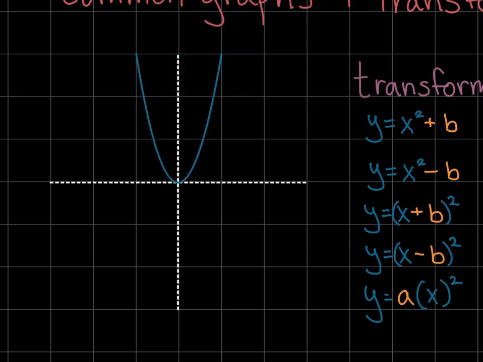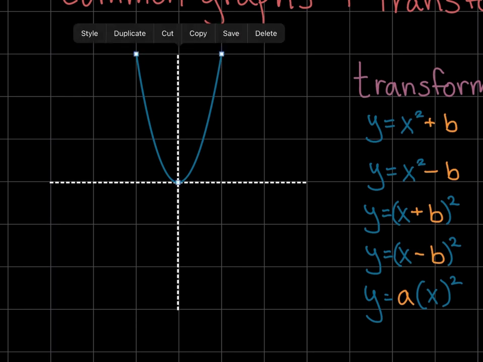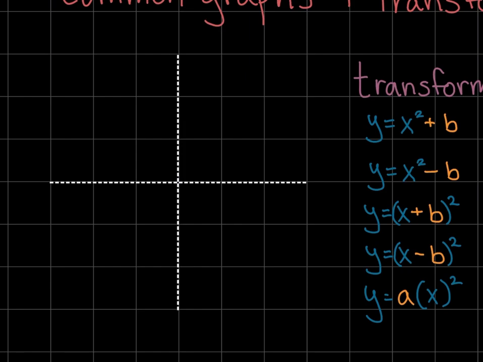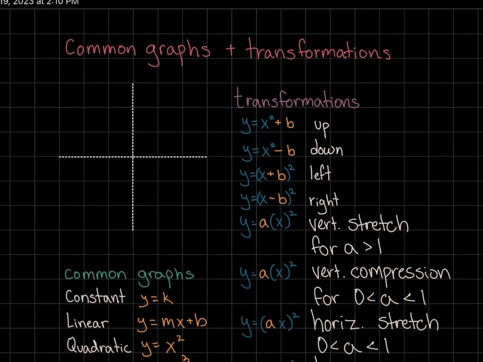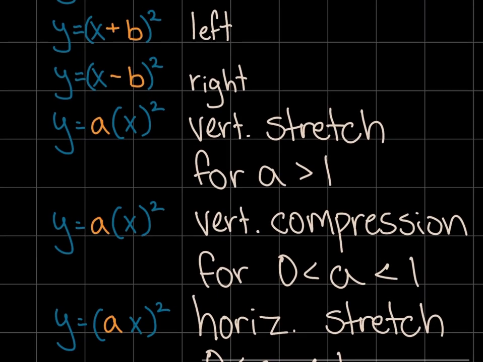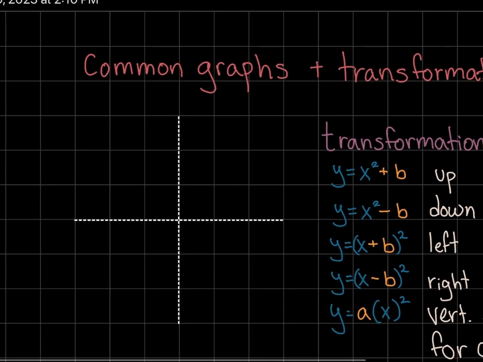So if I want to stretch it, for when a is greater than 1, let's say a is 2, it's going to be stretched vertically. So let's just plot some points. It's going to get wider, per se. So it's going to look something like that.